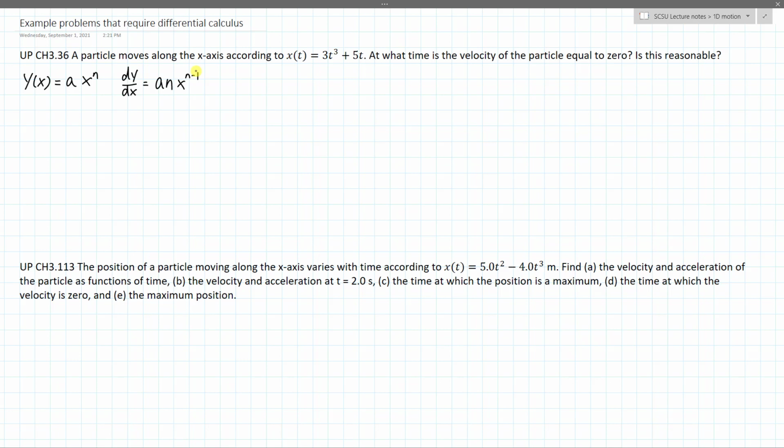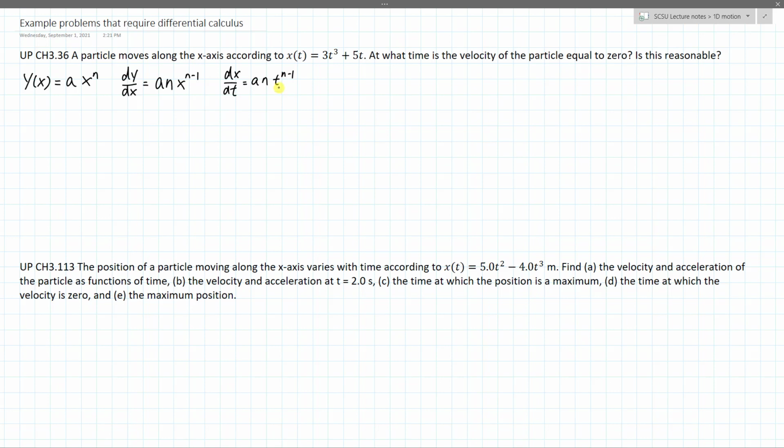We can also write this as dx over dt, equal to a n t to the n minus 1 power, because t is the independent variable here.